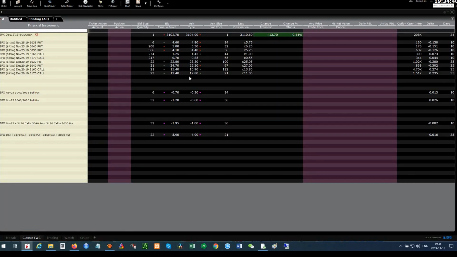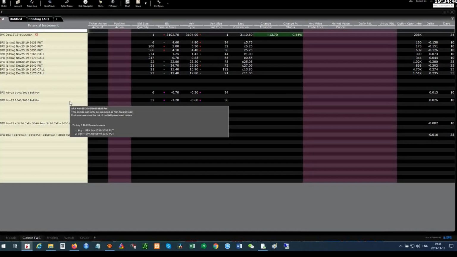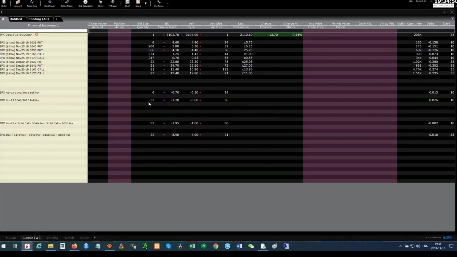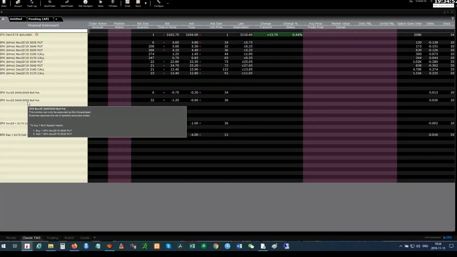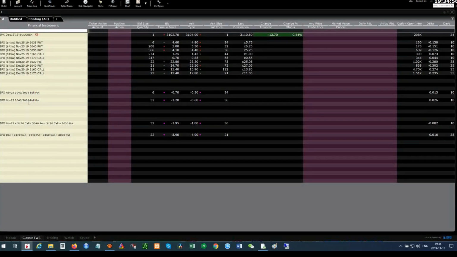But if you look at some trades, for example, a bull put. So the bull put which I prepared here has a 10-point wide spread. 30/40 is the short one, 30/30 below is the long option, the insurance option.